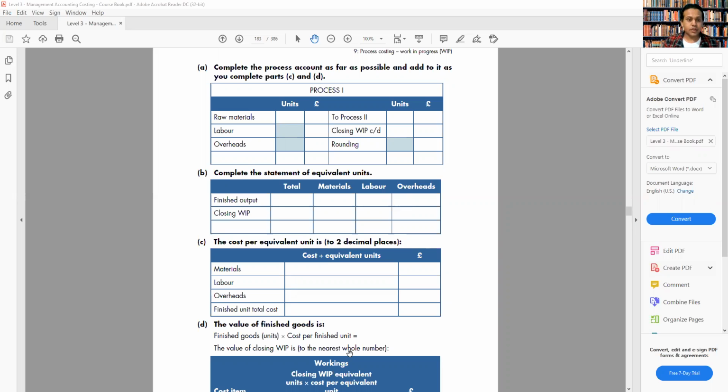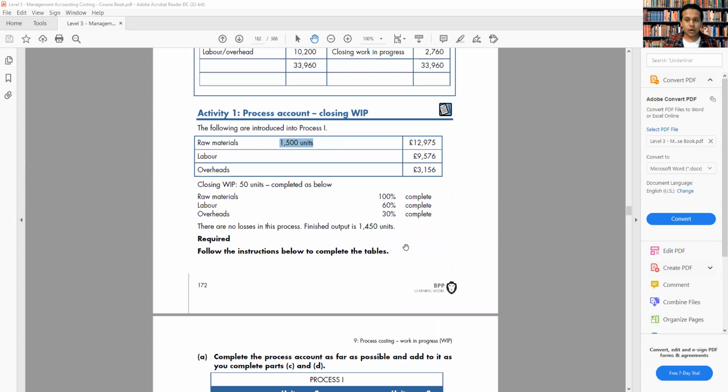The first thing we need to know is how many units we have for the material. Let's write down a little bit of information in the corner so that we can see it. So we have a raw material, that is 1500 units and the cost is 12,975.